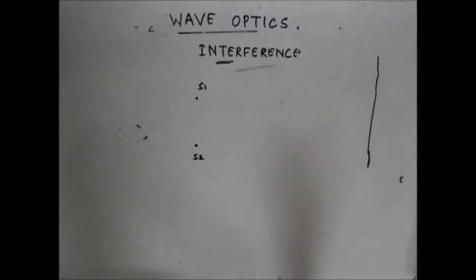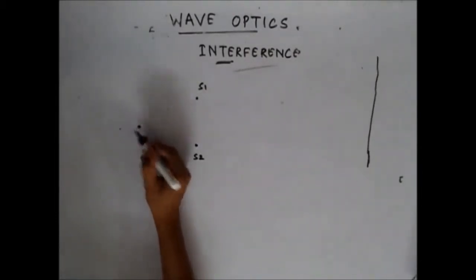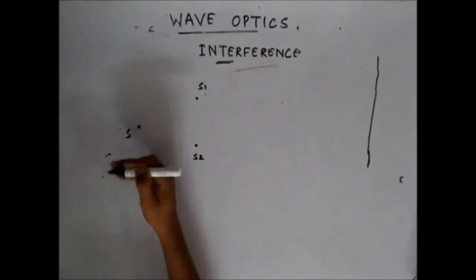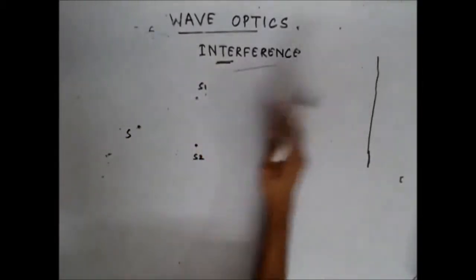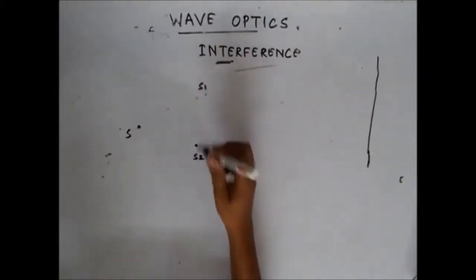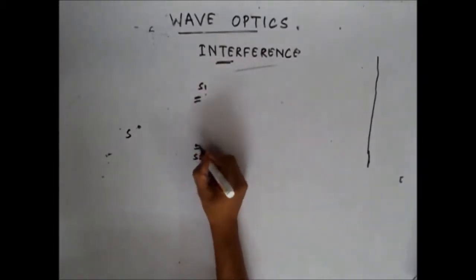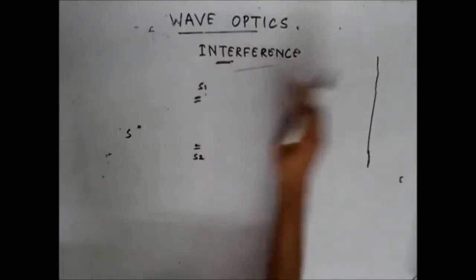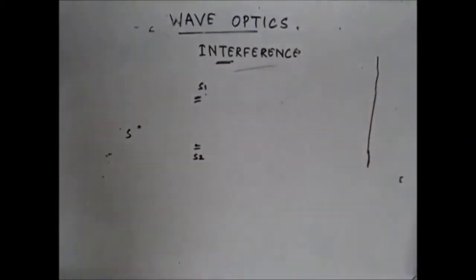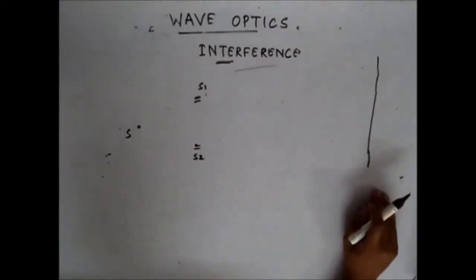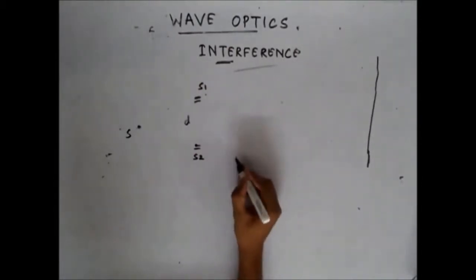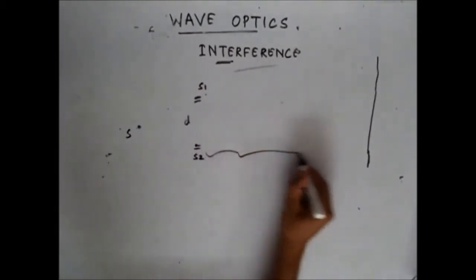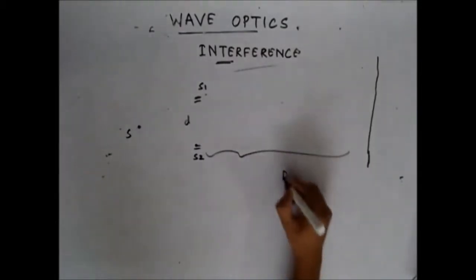We have a source coming from here, and light from this source goes to these thin slits, and from these thin slits light comes to the screen as waves. Let's say this distance is d and this distance is capital D.